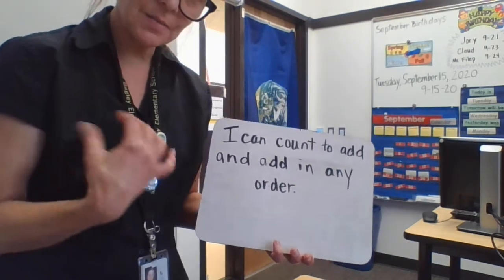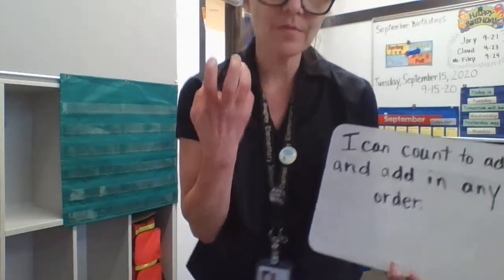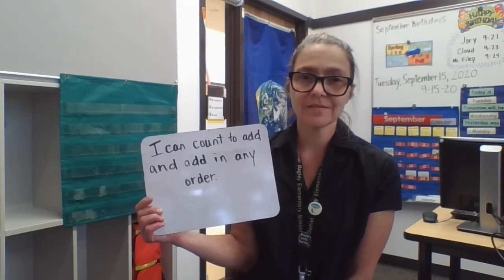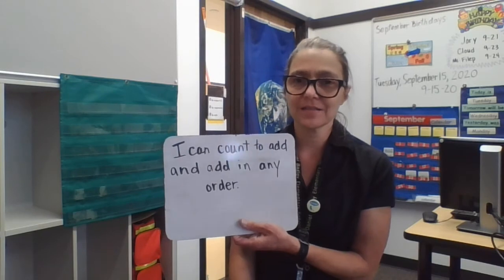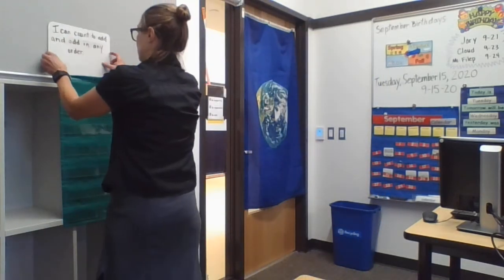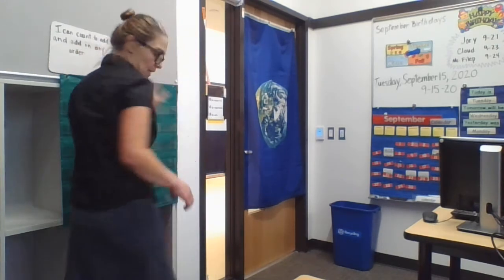And the I can statement is something at the top of the page, and it always gets your brain ready for the lesson. It's kind of like the focus question in science, the I can statement.